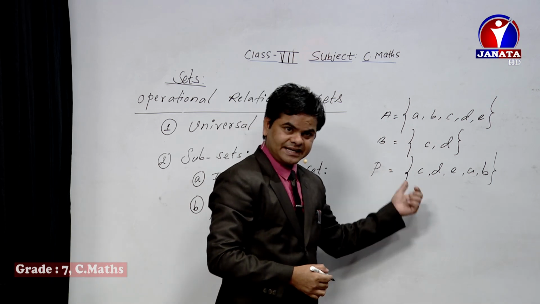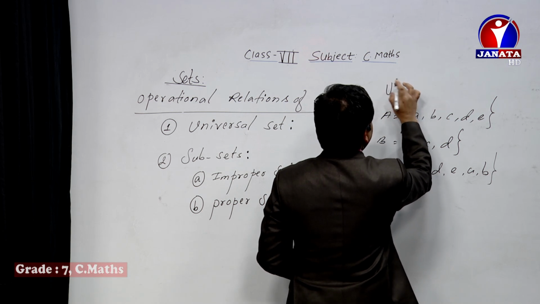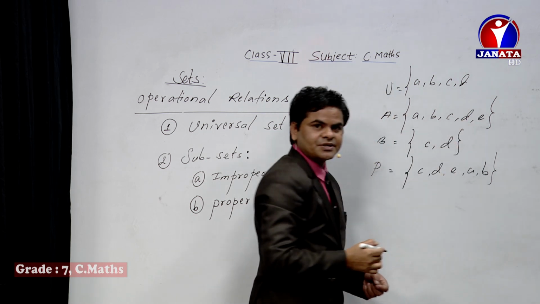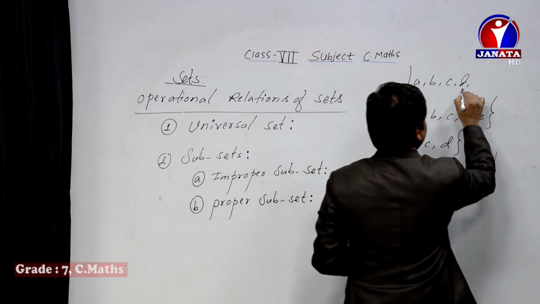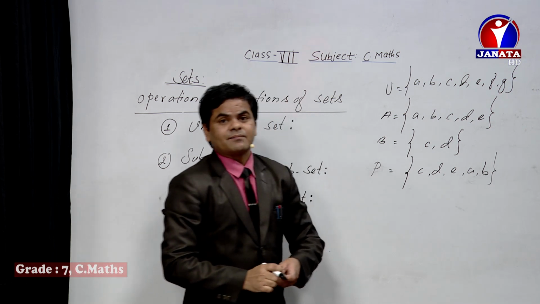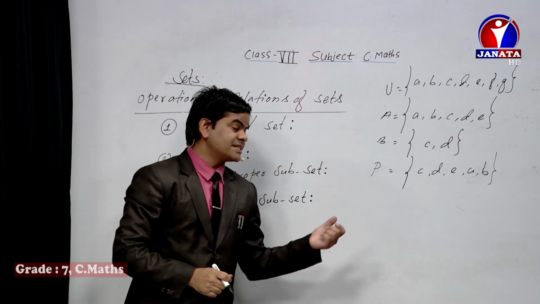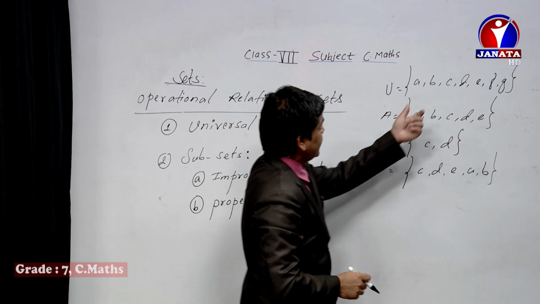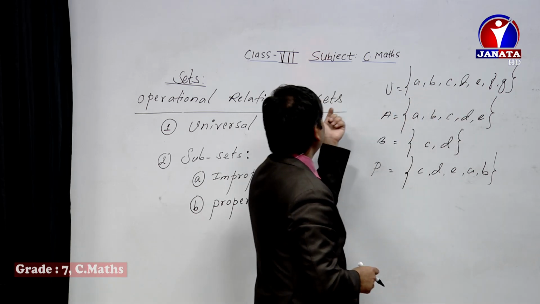For determining the whole information of these three subsets, let's keep one universal set as A, B, C, D. Of course, dear students, it must go beyond E, so let's go to E, F and G, up to G only. If we take more elements, it will be vague to write or discuss. Now A, B, C, D, E, F, G is the biggest one, and it is also known as the superset.